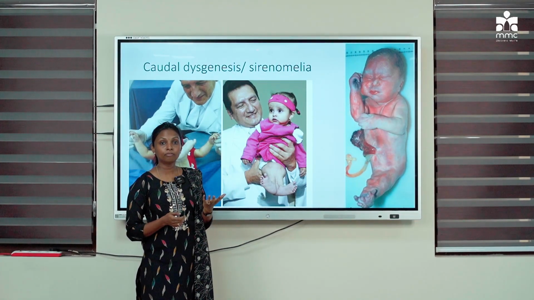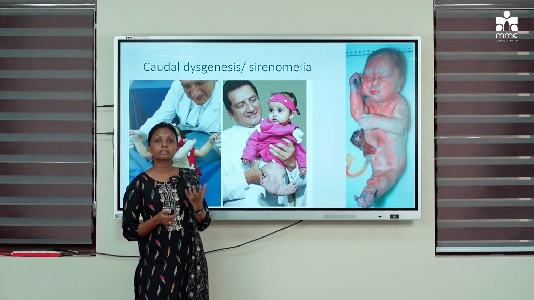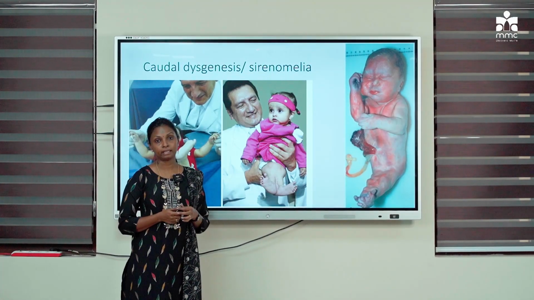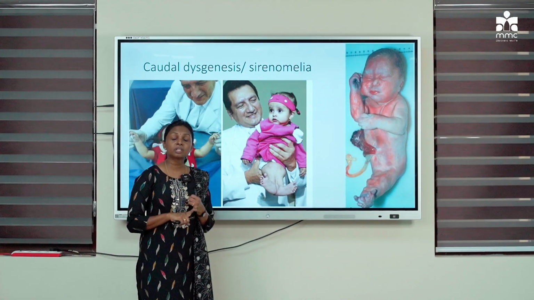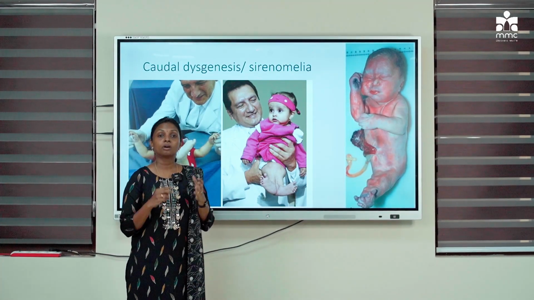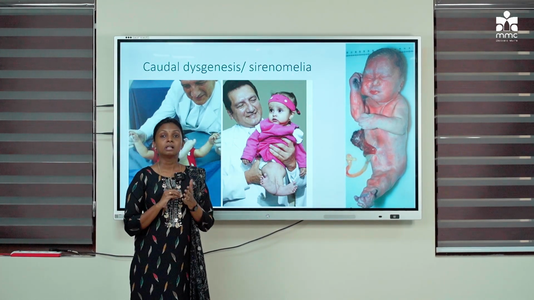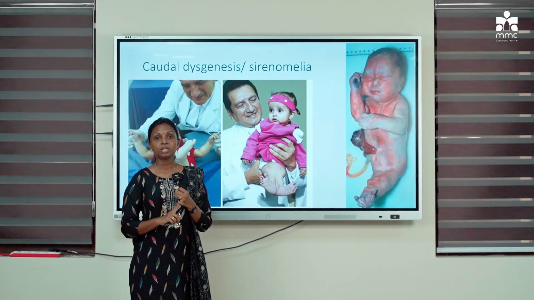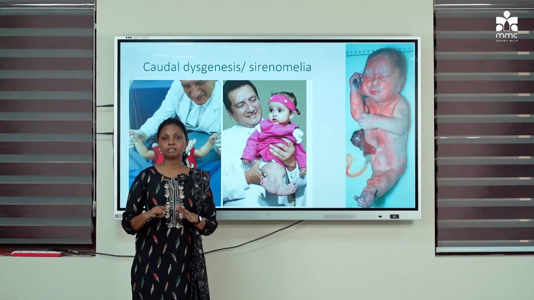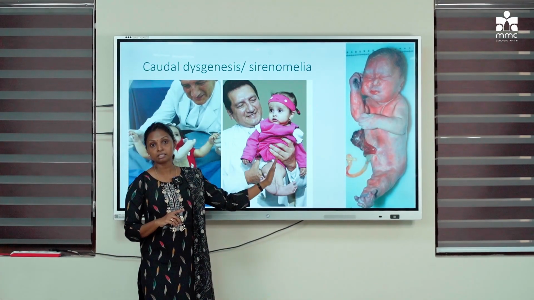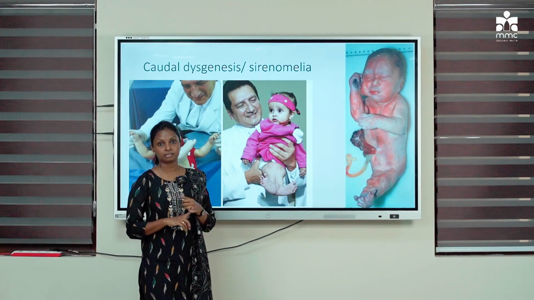Very few intraembryonic mesodermal cells can also lead to Sirenomelia. So, fewer intraembryonic mesodermal cells means all the derivatives from the intraembryonic mesoderm, like the urogenital system and the lumbovertebral region, all those deformities can be seen in Sirenomelia babies.